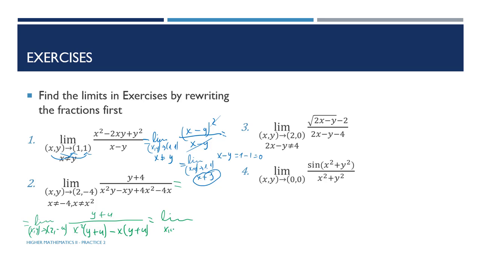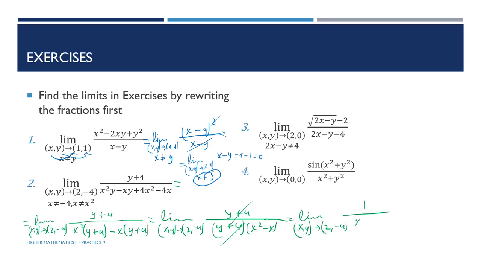Equals the limit as (x, y) tends to (2, -4) of y plus 4 in the parentheses, x squared minus x, over y plus 4 here. Equals y plus 4 again. I will get the limit x, y. Next, if I plug in number 2 here, 2 squared is 4, 4 minus 2 is 2, that's 1 over 2.